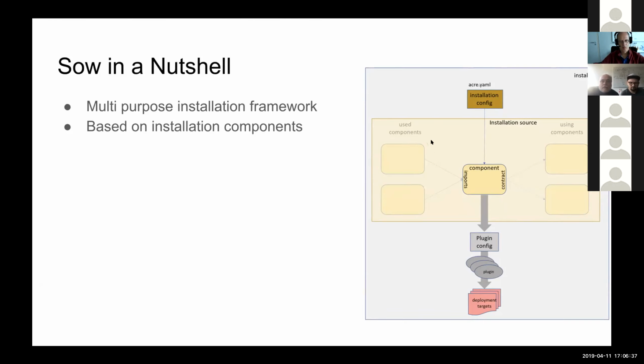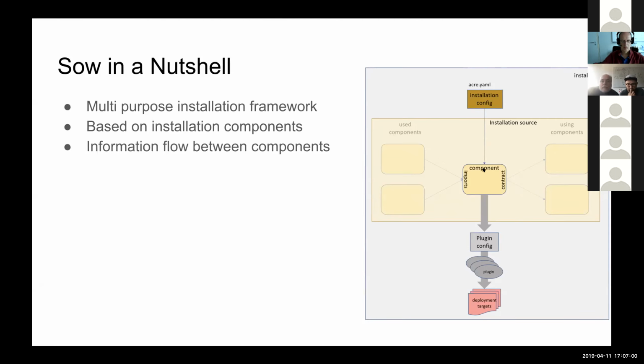Every component might offer a contract to be used by other components, and this results in an information flow between those components, and so does the orchestration and the dependency calculation and the deployment order of those components.